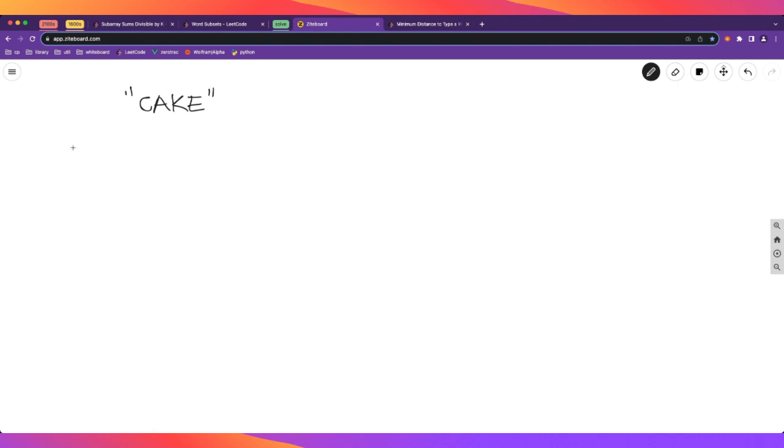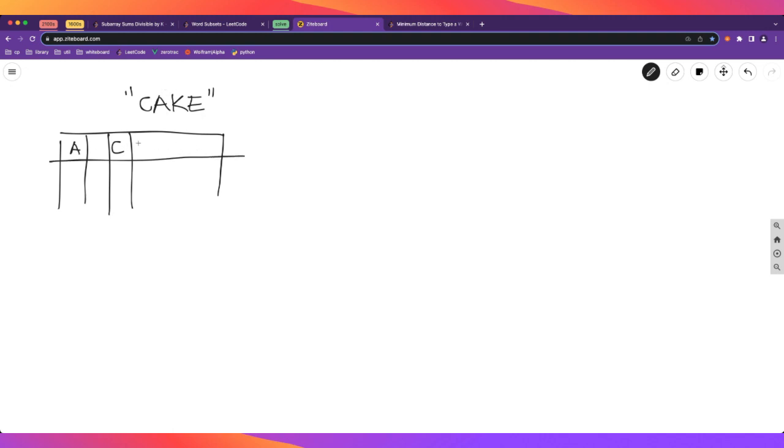So we have this keyboard which has 6 columns, and let's only write the columns or the letters that we care about.